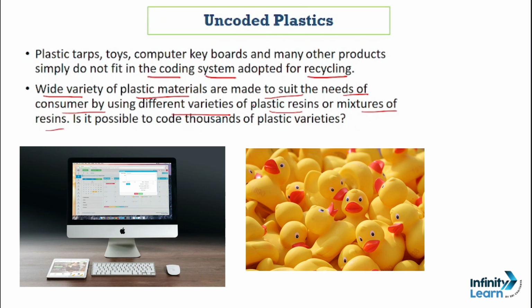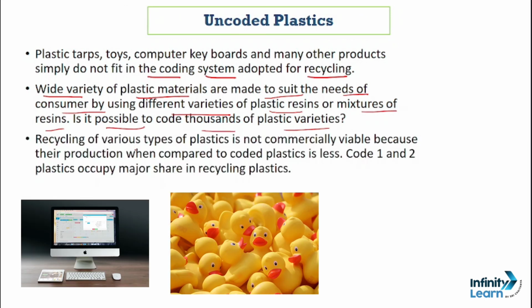So here they are saying that after seeing the interest of consumers, they prepared many more types of plastic products. They produce these plastic products, but when they are to be recycled, they cannot be easily recycled. It won't be easy to code thousands of plastic varieties. Recycling of various types of plastic is not commercially viable, because their production compared to coded plastic is less.